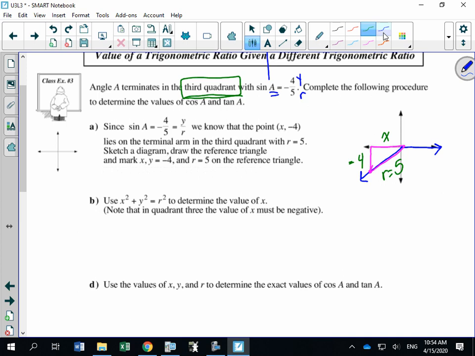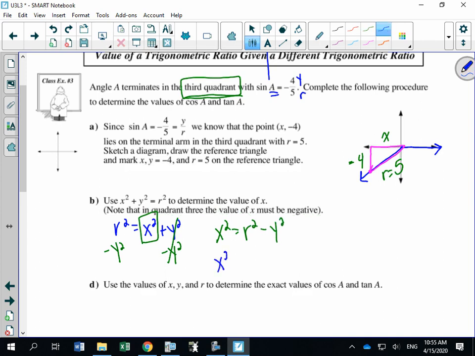We're going to use our formula. r squared is equal to x squared plus y squared. And I'm going to manipulate this formula to get x by itself. So I'm going to subtract y squared from both sides, and x squared is equal to the radius squared minus y squared.